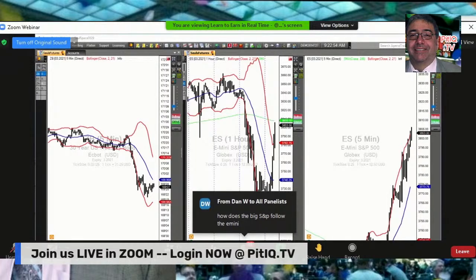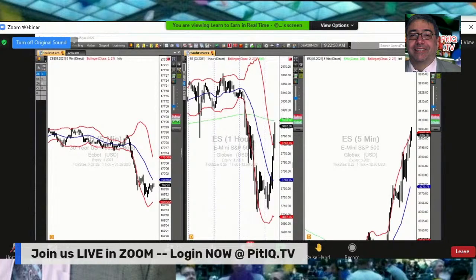They follow it very closely. Actually, sometimes the S&Ps follow the E-mini, and then sometimes the E-mini follows the S&Ps, depending on what is in the market at that particular time. The number of contracts being traded usually is the indicator.